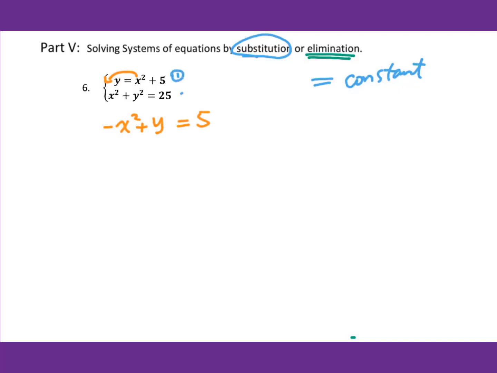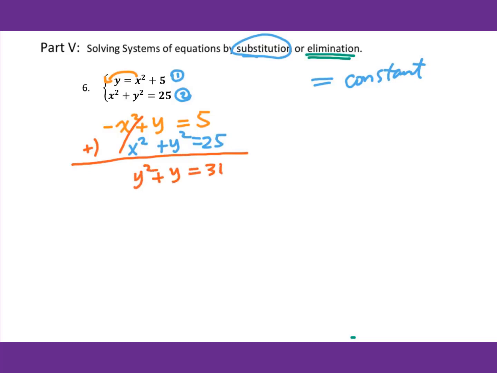That's the first equation. For the second equation, we state x squared plus y squared equals 25. Then this is the opposite already. Therefore, I just add both sides. You will get y squared plus y equals 30.